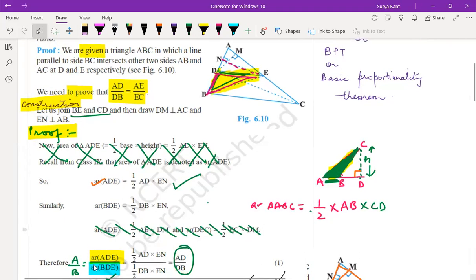So see this one: area of triangle BDE is equal to half DB into EN.